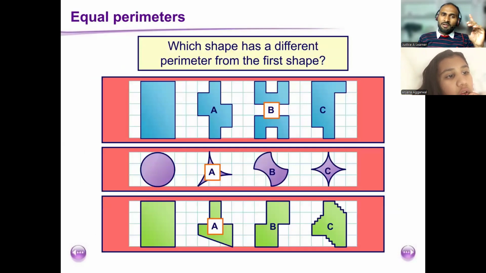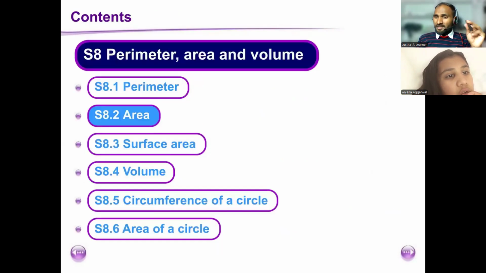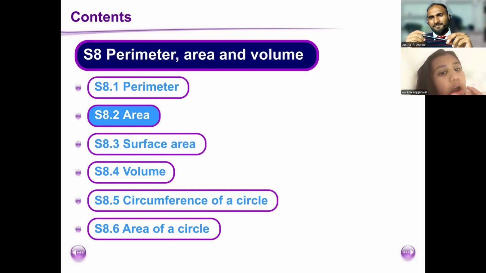Now let me know what you understand by area. What is an area? Area is the inside part of what you were looking at for perimeter. It's the inside area, how much you have in the space of it.